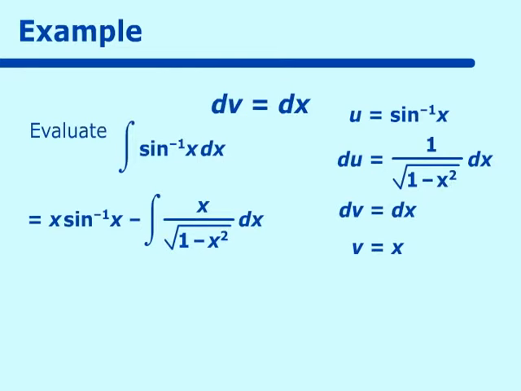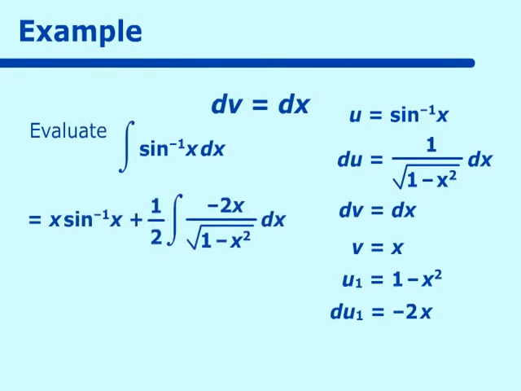I can use other variables, so I'll use a u sub 1 and a v sub 1 for my substitution here. So I think I'll just use u sub 1 is equal to 1 minus x squared. That makes du sub 1 equal to negative 2x dx. So we have to fill in negative 2 here, which means plus 1/2 goes outside.